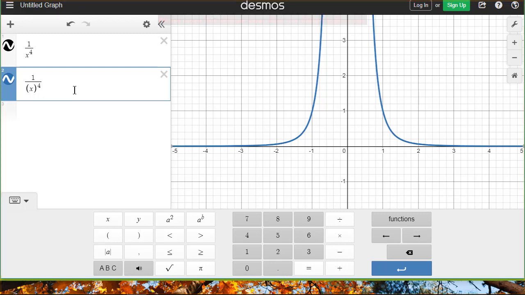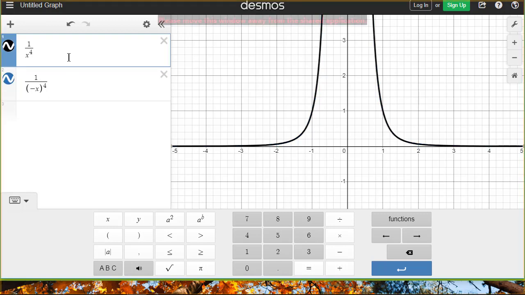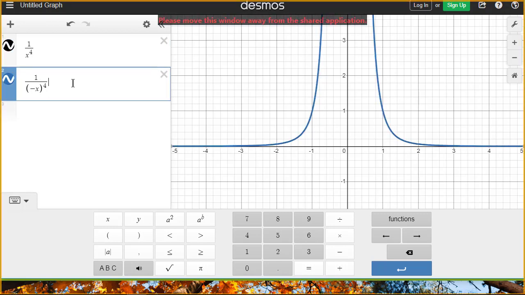In 5, 4, 3, 2, 1. Boom. So that was the original? When we put the negative in there, it stayed the same. Right? Yep. So if it's even, it stays the same, and if it's odd, it's going to reflect. And our exponents give us a big clue on that too, because that's an even exponent. We know that it's going to stay exactly the same.